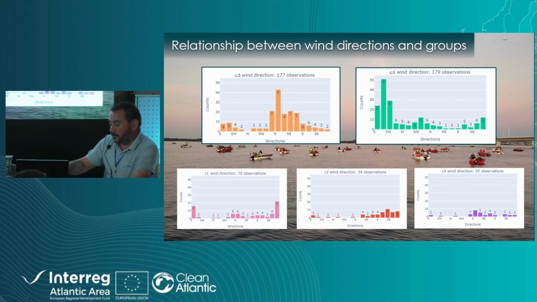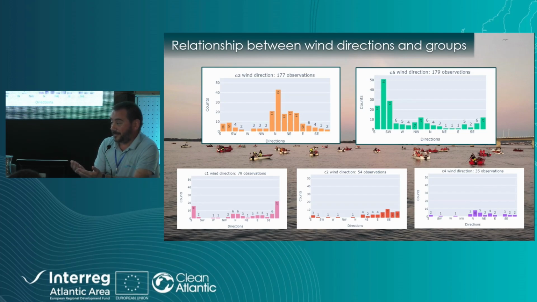It's easy to see here, and sorry if I'm not explaining myself very well. We knew that there were 5 groups with different situations, but we focus on the 2 most important situations where there are more observations. We can see that most of the situations for one of these groups is registered when there is north or northeast winds, and the other one is registered when there is south or southeast winds.